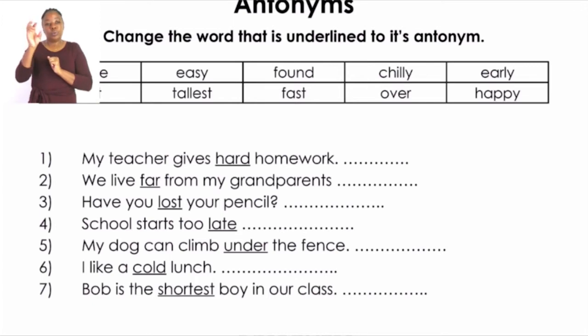And the sentence will read, I like a hot lunch. Now that sounds a lot better. The rest of these sentences you can do by yourselves. But remember, a synonym means same meaning to its word, and an antonym means opposite from the word that is given. Good luck.